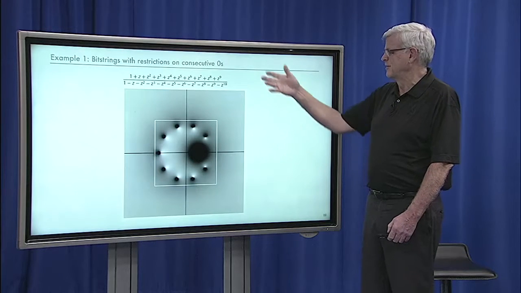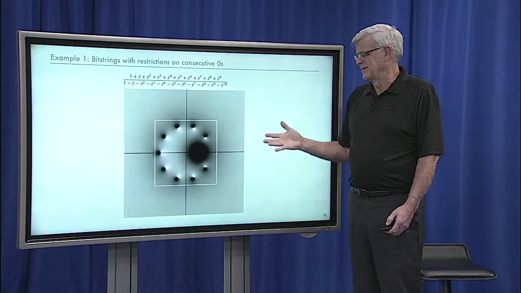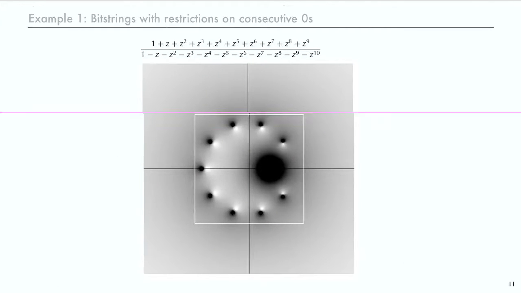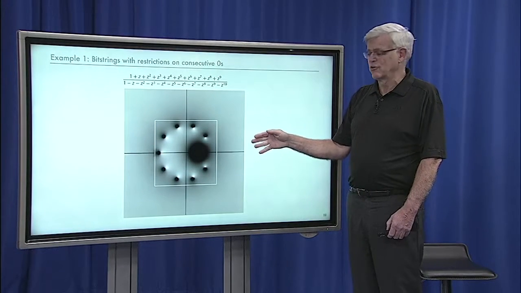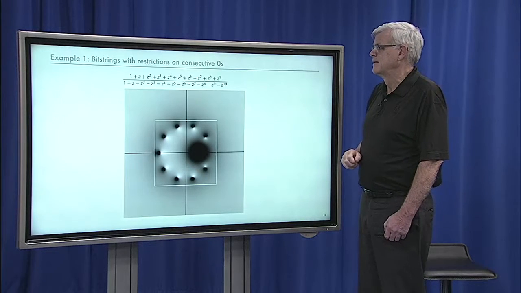And then this is a big one with 10 consecutive zeros. Still, you can very quickly infer the structure, and we can know that when we get our asymptotic result for the coefficients, it's going to be very accurate because the contributions of these other terms are going to be exponentially smaller. They're much further away.